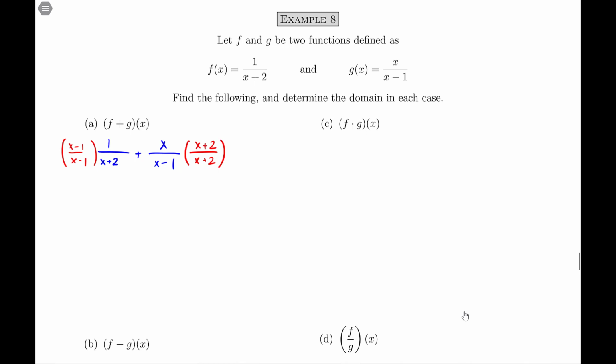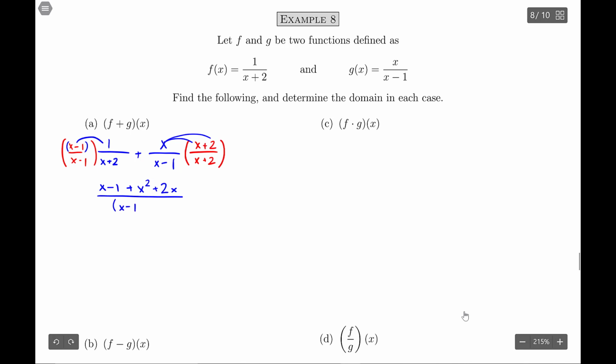So we end up with x minus 1, because that's x minus 1 times 1, plus, then we multiply x times x plus 2. We get x squared plus 2x over x minus 1 times x plus 2. That's our common denominator. And we can simplify this a little bit more.